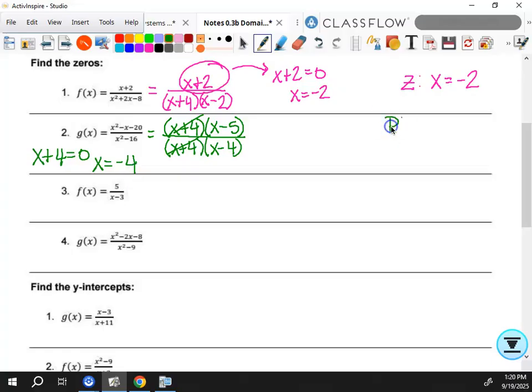Again, I know it's not asking me for that, but I don't want to ignore it and then you forget to even do anything with it. So that's my x value. We'll get to the rest here in a second. So that means my reduced g of x is x minus 5 over x minus 4.